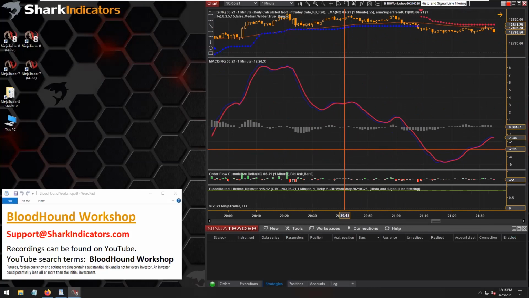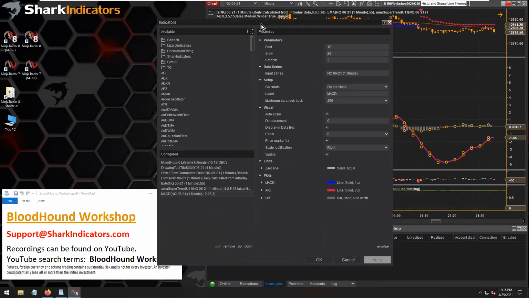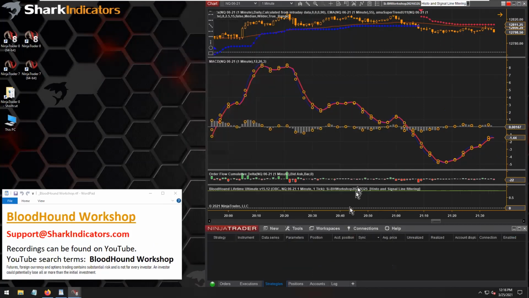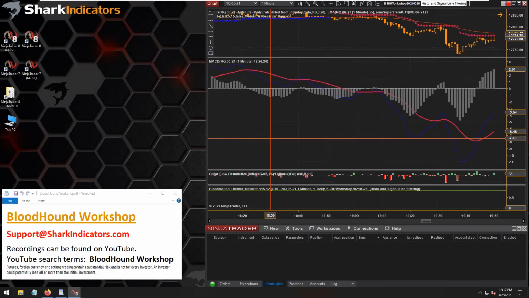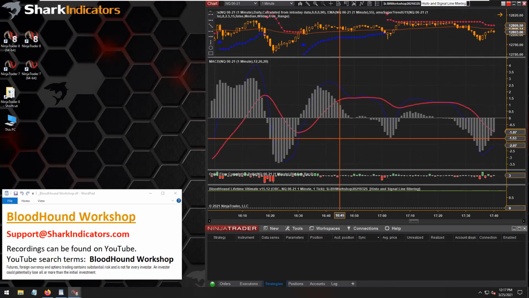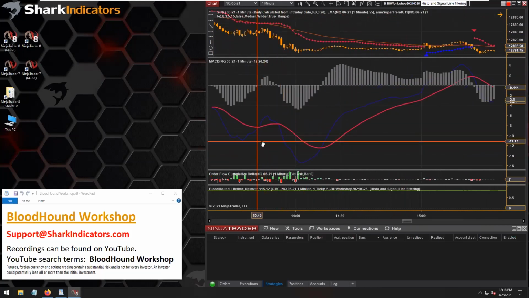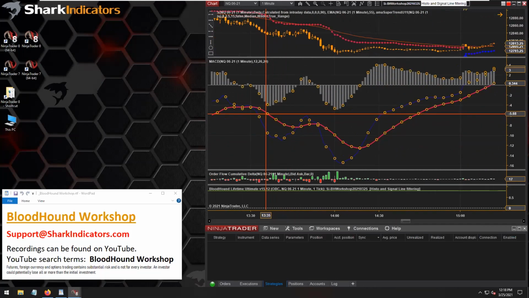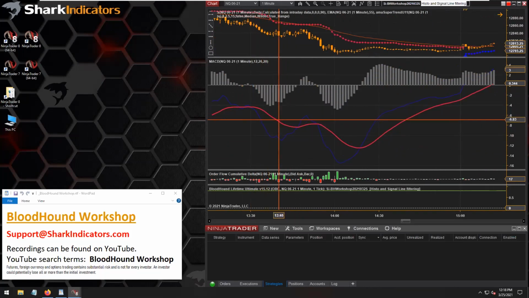No, it doesn't look like that did it for me. Let's see, let me speed up the smoothing here. Yeah, it doesn't look like I'm going to get the MACD to give me an inverse slope on the signal line.